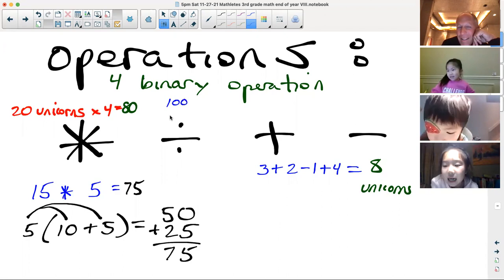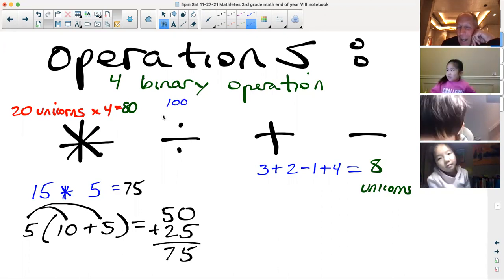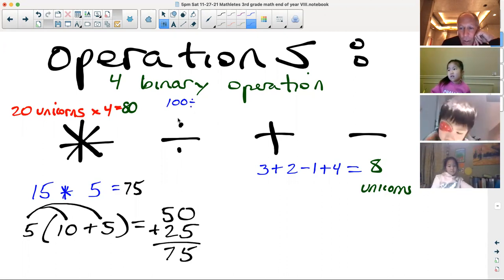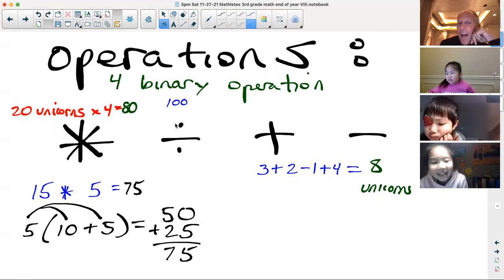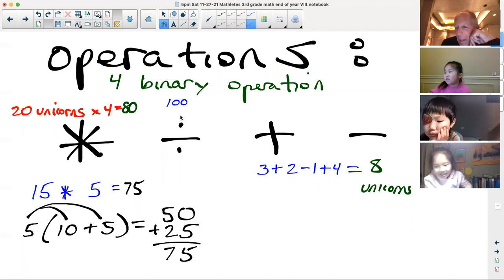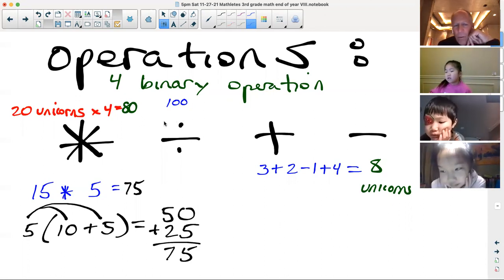Now, what if Jason's mom has 100 candy bars and she wants to give an equal amount to Eleanor, Jason, Stella, and Valerie? Well, let's first just do Valerie. So how many pieces of candy would each of Eleanor, Jason, Stella, and Valerie get?